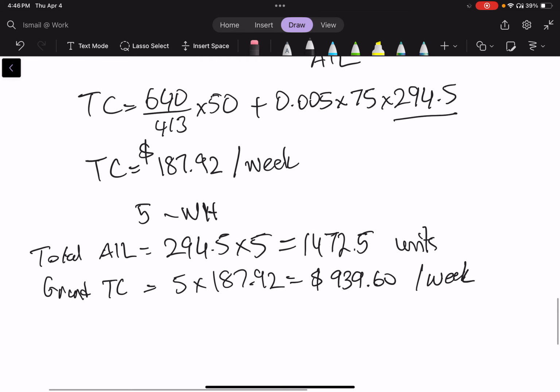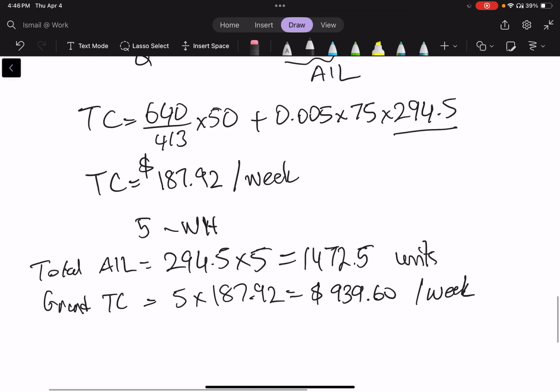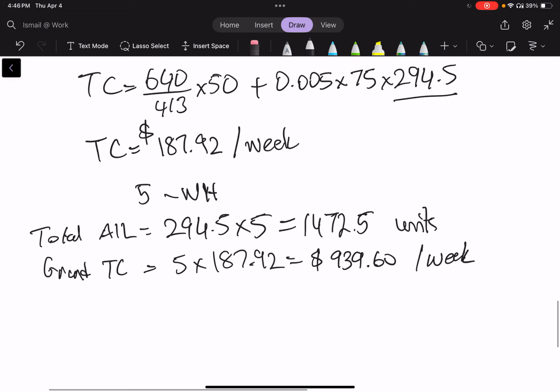Right. So that was only one warehouse. Based on one warehouse, I calculated the quantity, safety stock, reorder point, AIL, and total cost. Then I said, hey, these are all identical to each other. And that way I could calculate the total AIL and grand total cost for these 5 warehouses. That was before I consolidated.